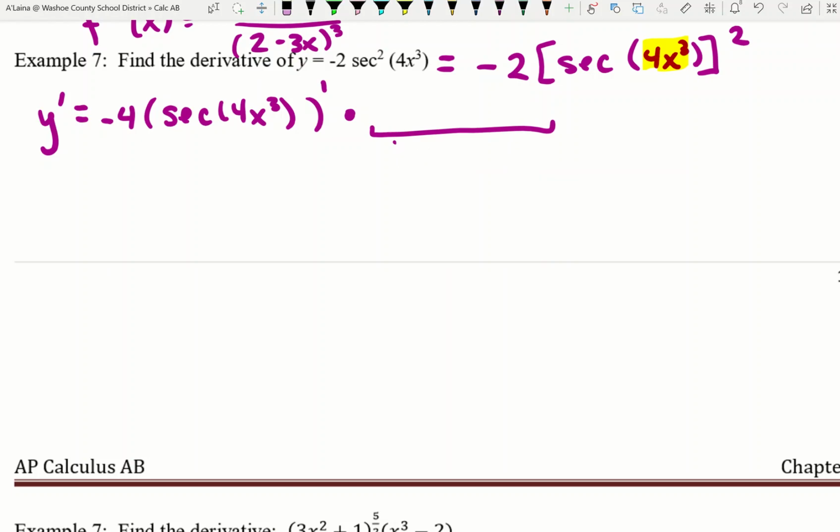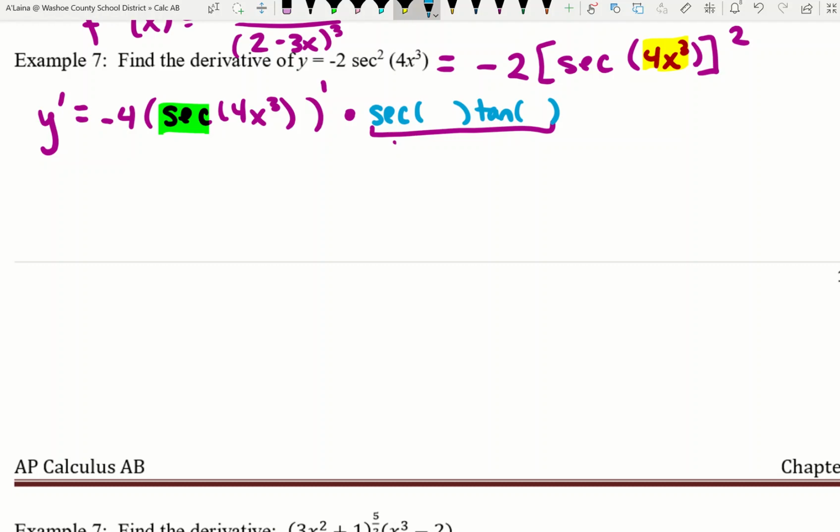So the next inner function is secant. I already did the most outer function, now I've moved into the inside, but I'm still going from the outside in. So the derivative of secant is secant of the argument times the tangent of the argument.